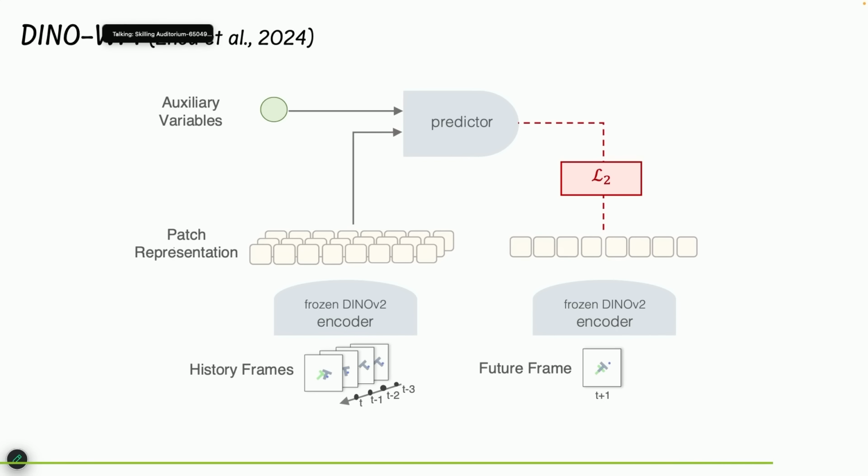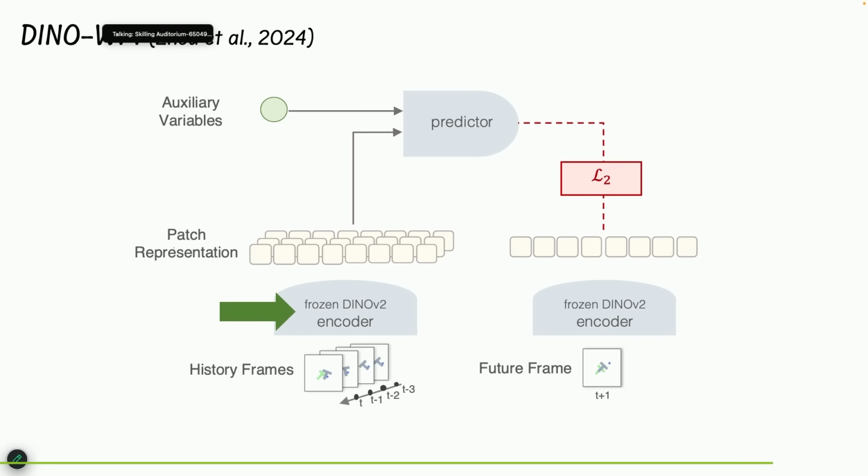And this is actually called DINO World Model, and it has the very same architecture as the action-conditioned post-training that you just saw. What the DINO World Model is doing is using the frozen DINOv2 encoder. What they claim is, do we actually have to train the JEPA encoder to get a meaningful abstraction for planning?